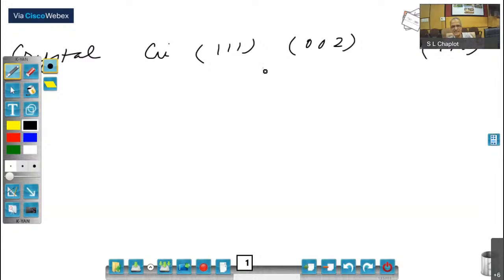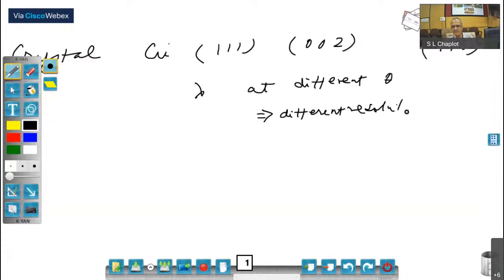These will give the same wavelength at different theta, and therefore different resolutions. Okay, this is one aspect, and also the energy range that you can get again, there's a variety. So this is one concept one can use.